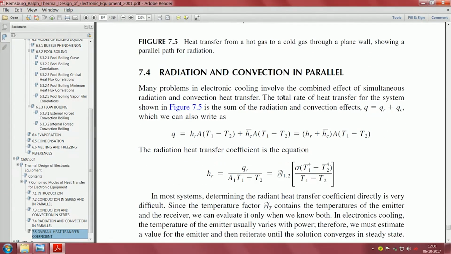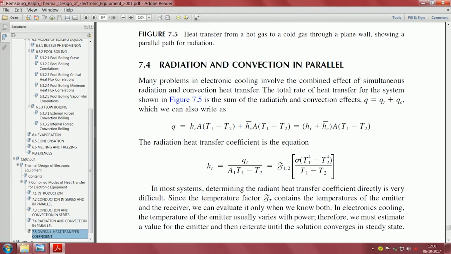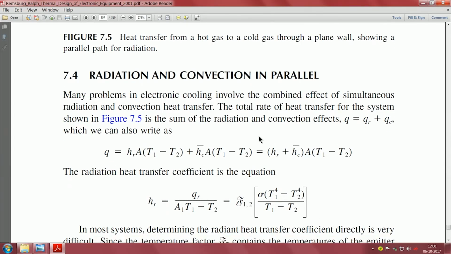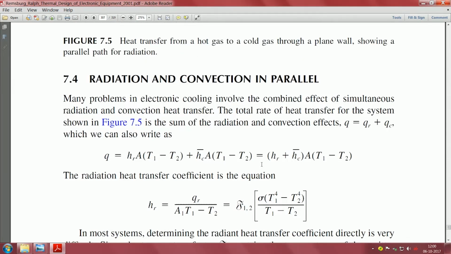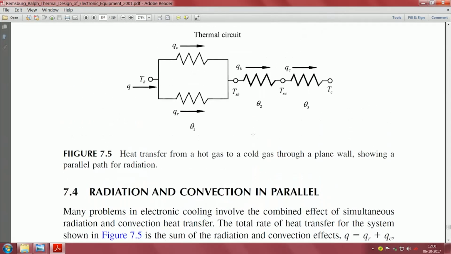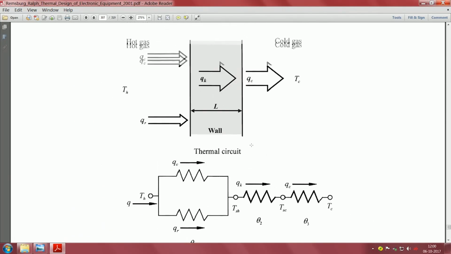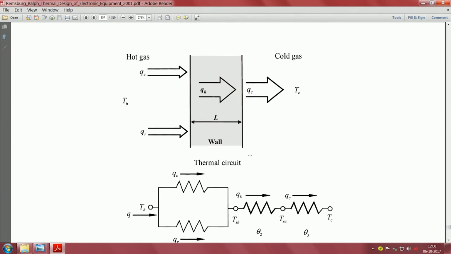Next time when I start, towards the end, finally, it is a combined effect of simultaneous radiation and convection together. So, you have several of these ways of things which are operated directly, hot gas versus cold gas. I will try to continue with this in the next lecture, come back a little, start and make it in an organized way.